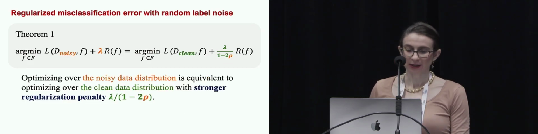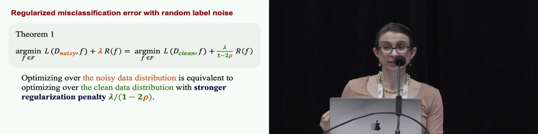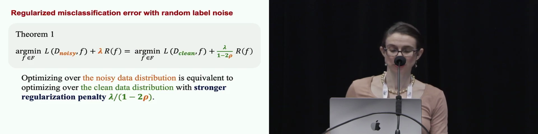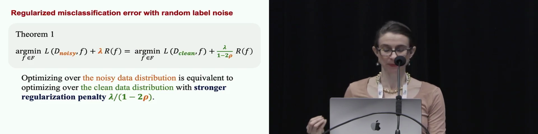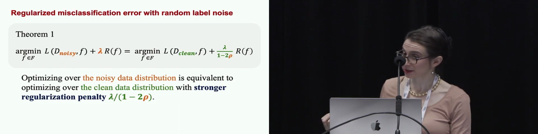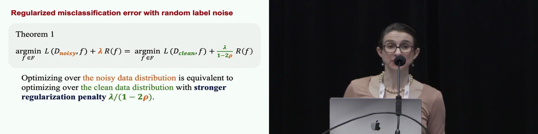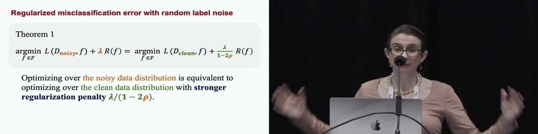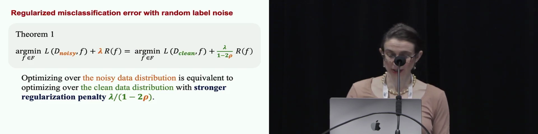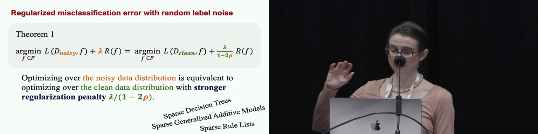So again, it says optimizing over the noisy data distribution is equivalent to optimizing over the clean data distribution with stronger regularization penalty lambda over 1 minus 2 rho, which induces simplicity, okay? And this theorem applies for any class of functions and any regularization for 0-1 loss, including sparse decision trees, sparse generalized additive models, sparse rule lists.